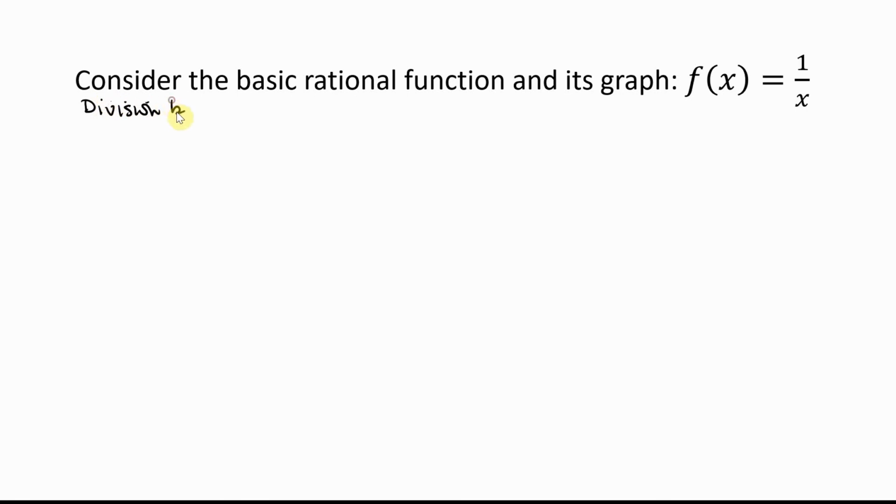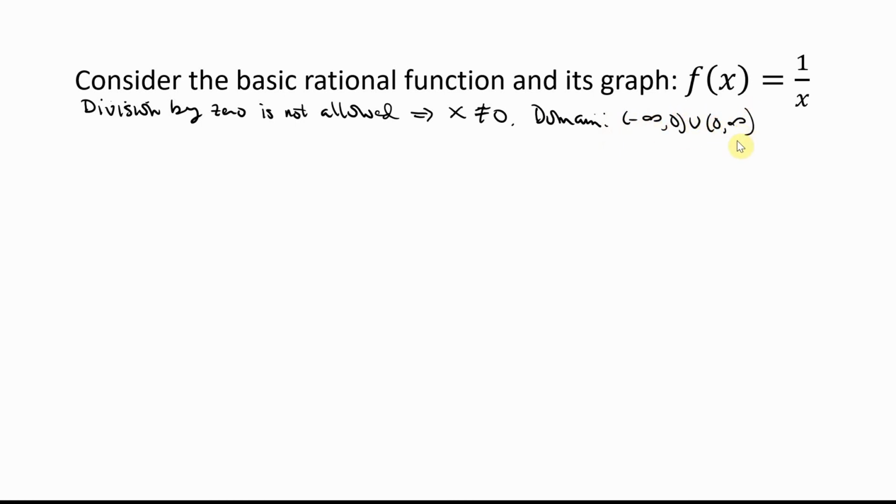Division by 0 is not allowed. So this implies that x cannot equal 0. So our domain is from negative infinity to 0, union from 0 to positive infinity.